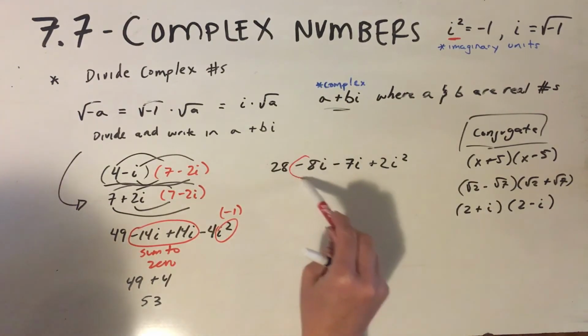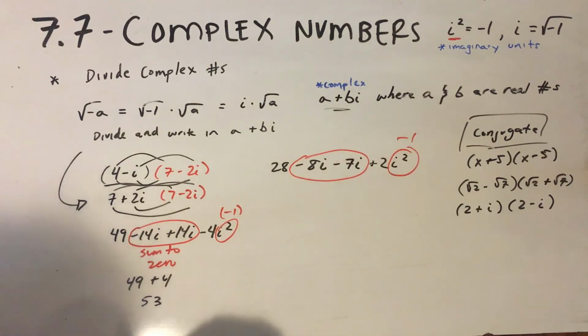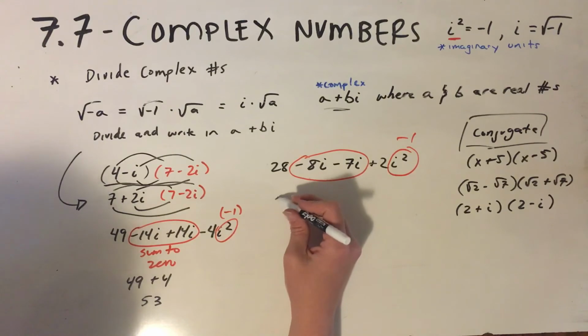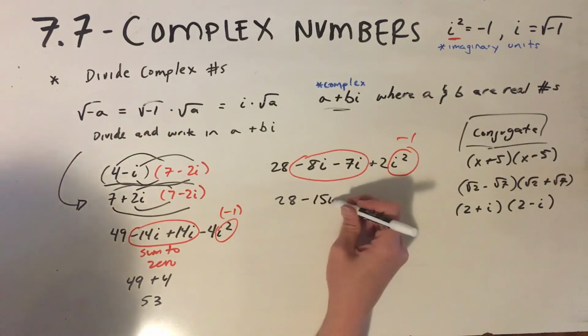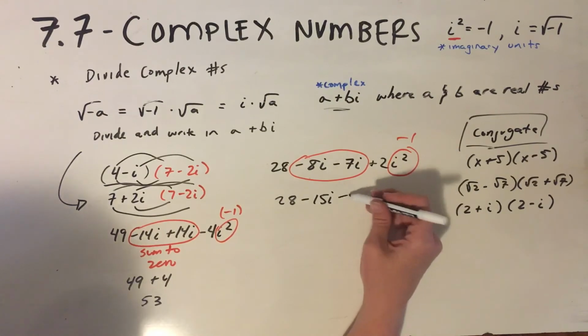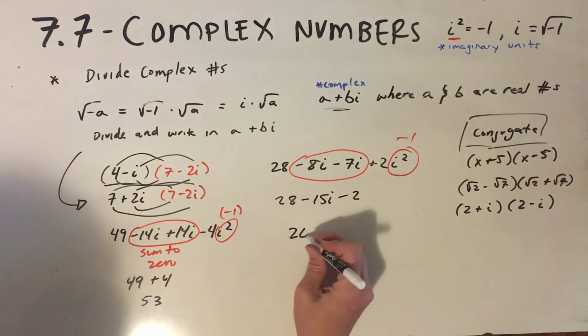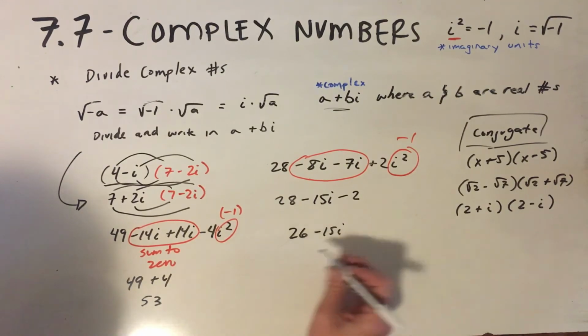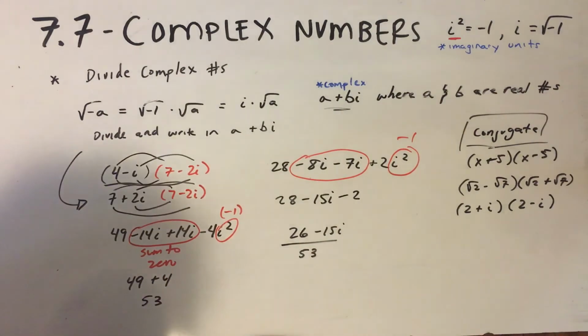These terms are like terms, and this can be replaced with -1. So I will have 28, that's going to be a minus 15i, and this is going to be a -2. So I can still combine these, which will give me a 26 minus 15i all over 53.